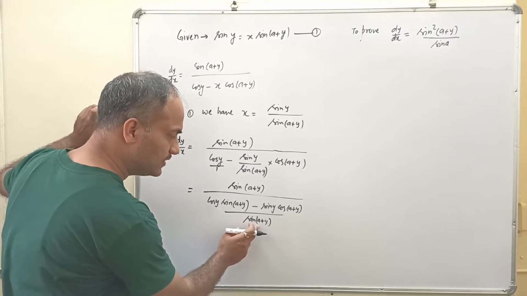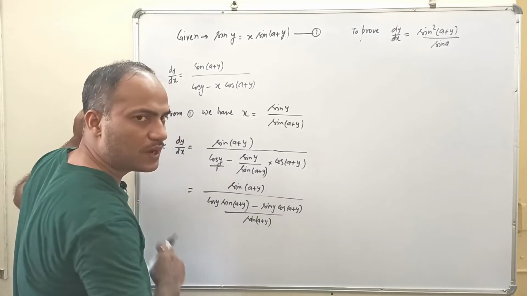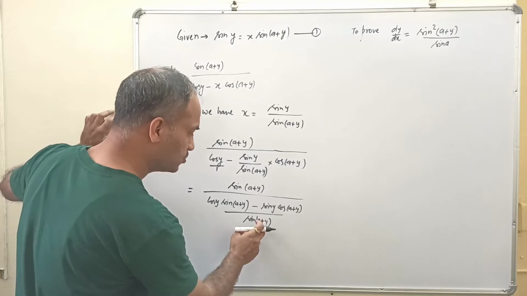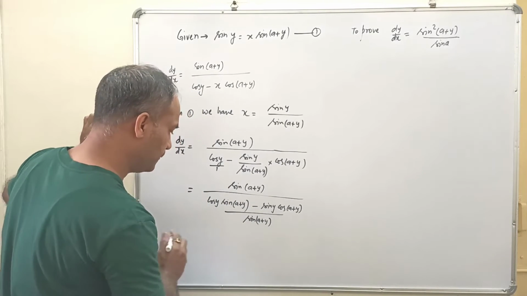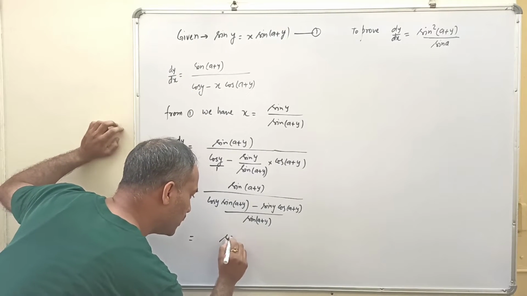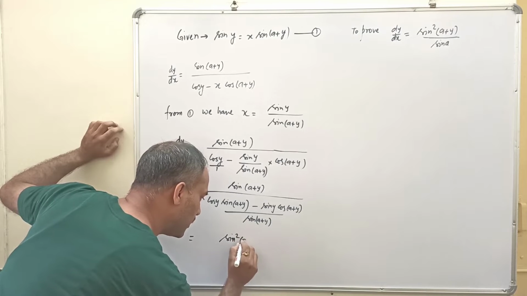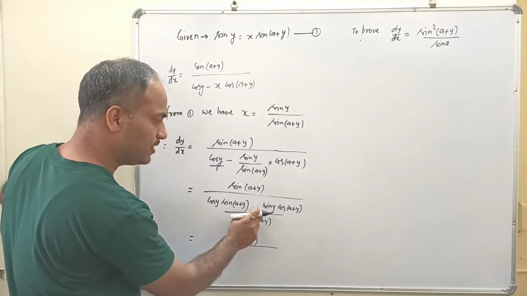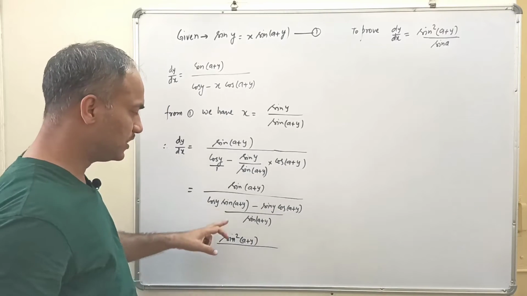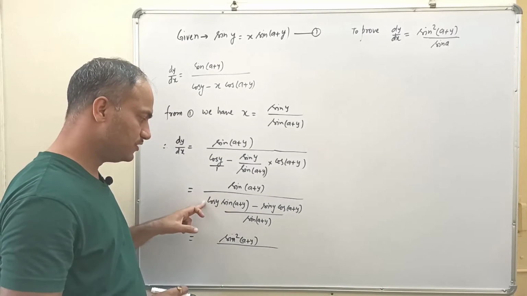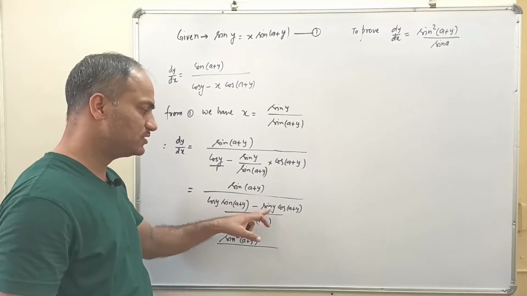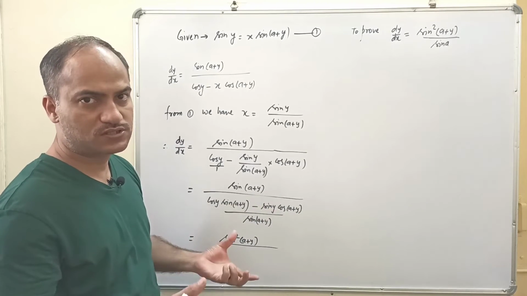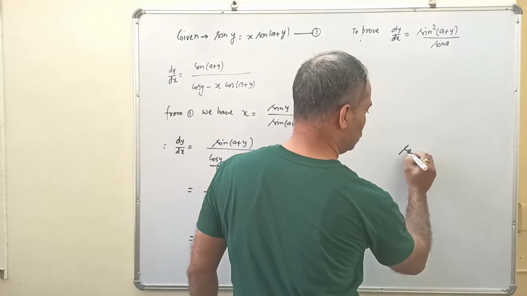Now this LCM can be taken upward in the numerator, so this will become sin square(a plus y) in the next step, whole upon cos y sin(a plus y) minus sin y cos(a plus y). Just look at that. If we keep this term first, so this is sin a cos b minus cos a sin b. So this is the formula of sin(a minus b).